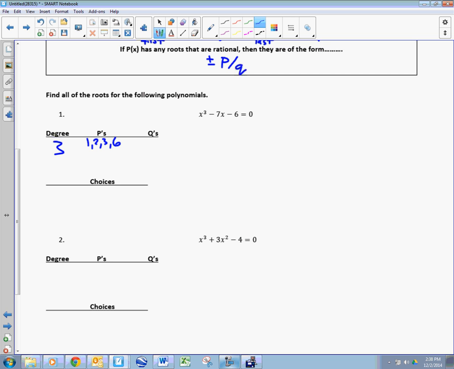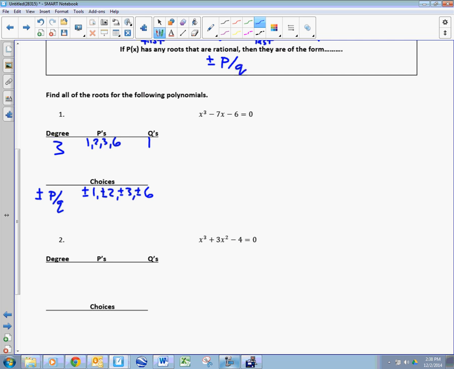Q's are factors of the front coefficient. 1. My choices are plus or minus p divided by q. I take all my p's, I divide by all the q's, and I write them as plus or minus. This is nice for us because q is 1. So my choices, plus or minus 1, plus or minus 2, plus or minus 3, plus or minus 6.